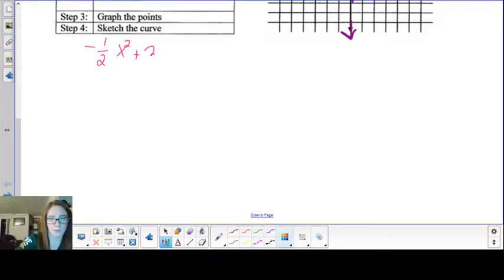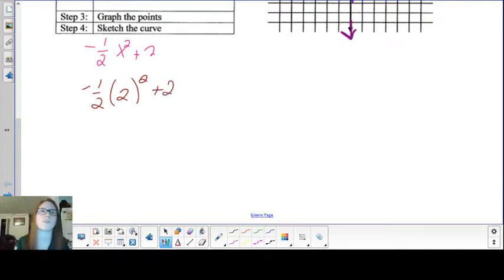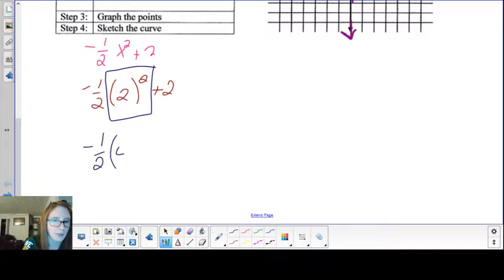So when I go ahead and plug this guy in, I have negative a half times my first value I picked, which was 2, squared plus 2. My order of operations tells me I always do my exponents first. So I'm going to take 2 squared. And 2 squared is 4. So I have negative a half times 4 plus 2.